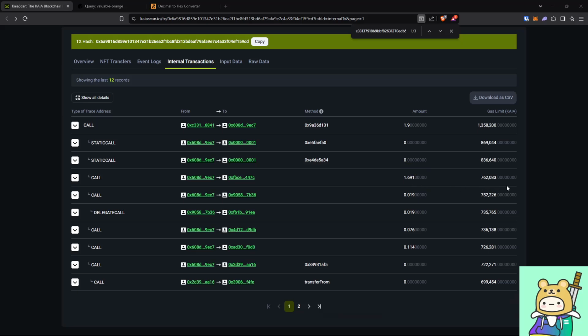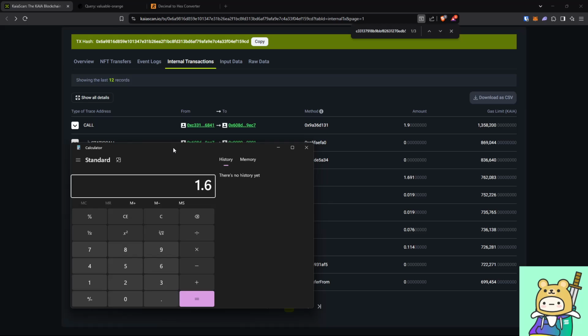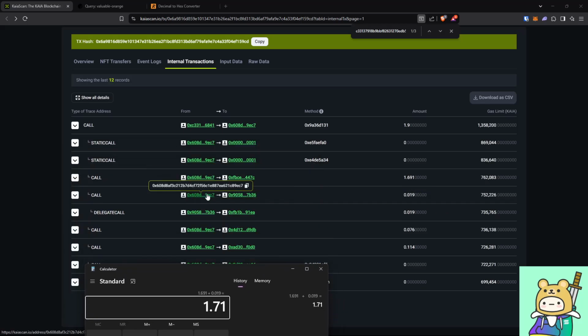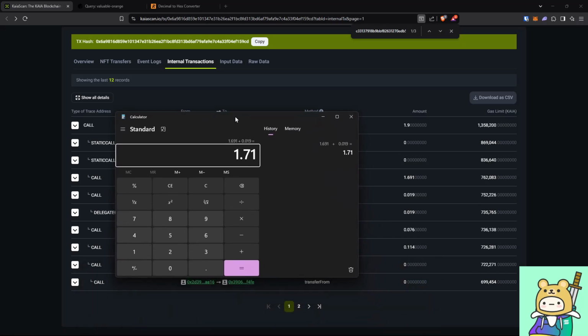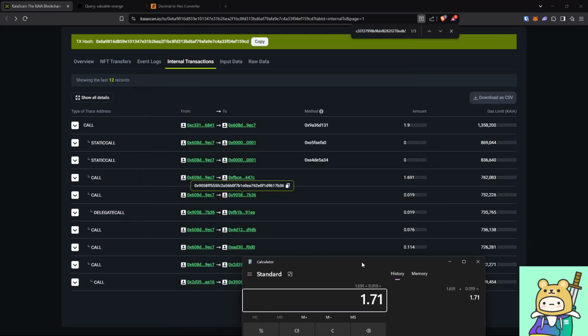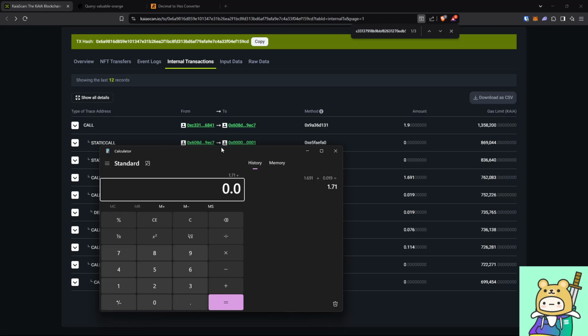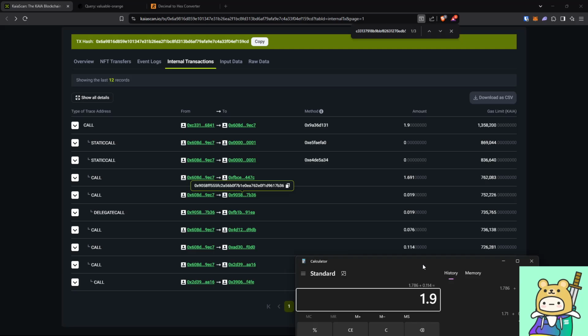1.691 plus 0.019. Okay. Oh wow, okay. So if you guys remember earlier, this is the seller address, which means the NFT seller, and they receive only 1.691, even though the buyer transferred 1.9, which means there are some fees, right?